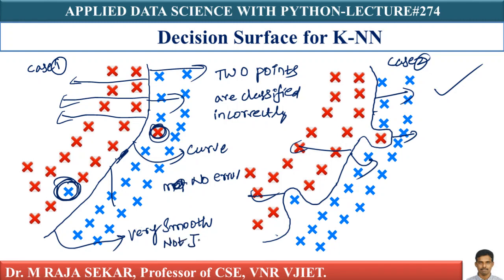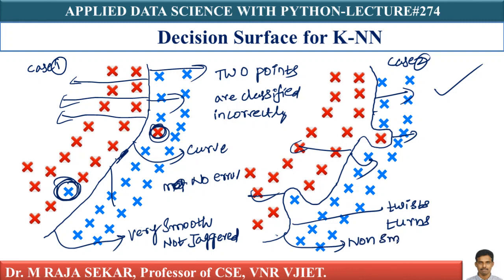This curve is not jagged, while the case 2 curve has all sorts of twists and turns, which is also known as a non-smooth curve, isn't it?